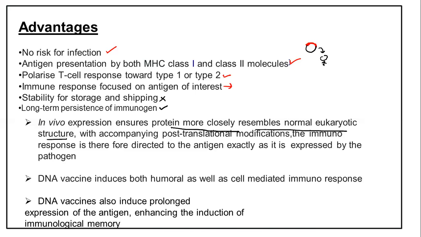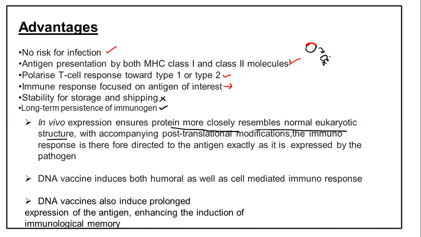The immune response is therefore directed to the antigen exactly as it is expressed by the pathogen. That's why I'm saying whatever the pathogen actually has, it will be expressed in the same form, and that will increase the immune response, and there is a higher chance of the vaccine working in real time, right?